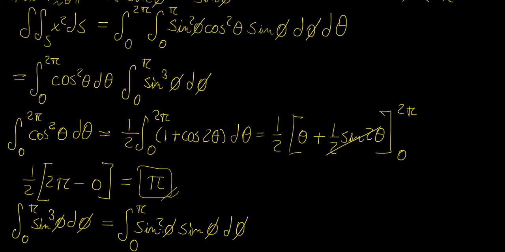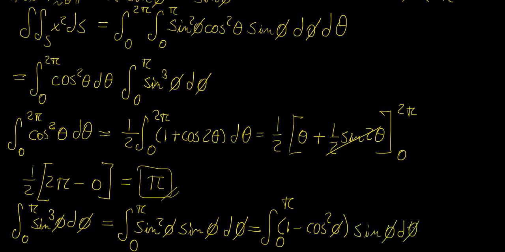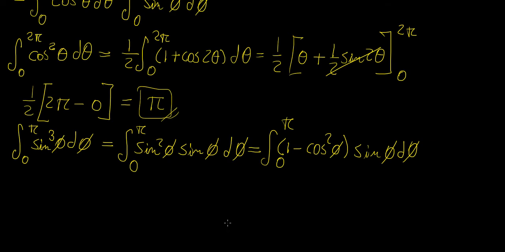The reason for that is that we're then going to be able to use substitution to evaluate the integral. So this is going to be 1 minus cosine squared of phi, times sine phi d phi. And now we can perform a substitution.